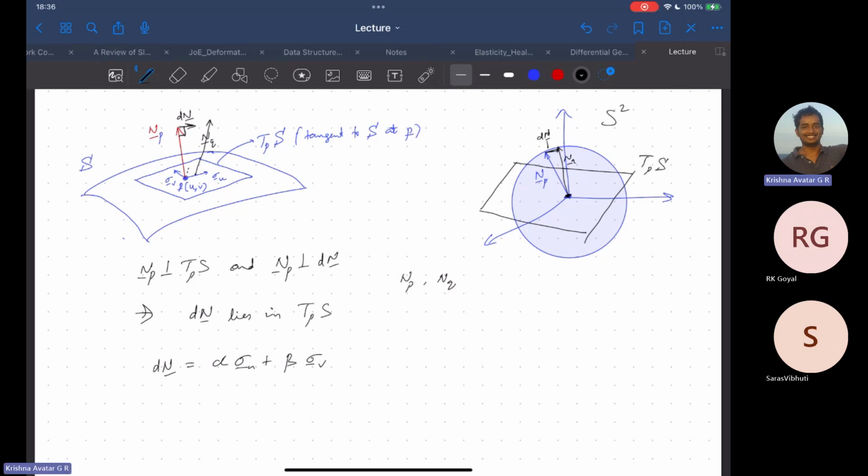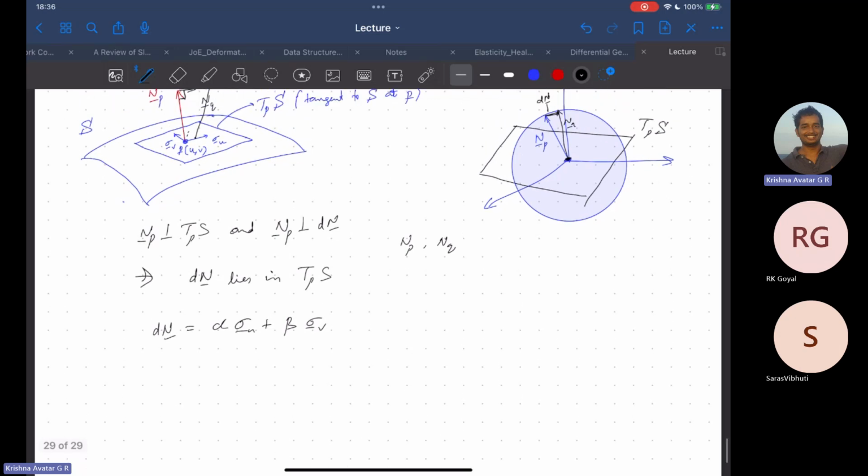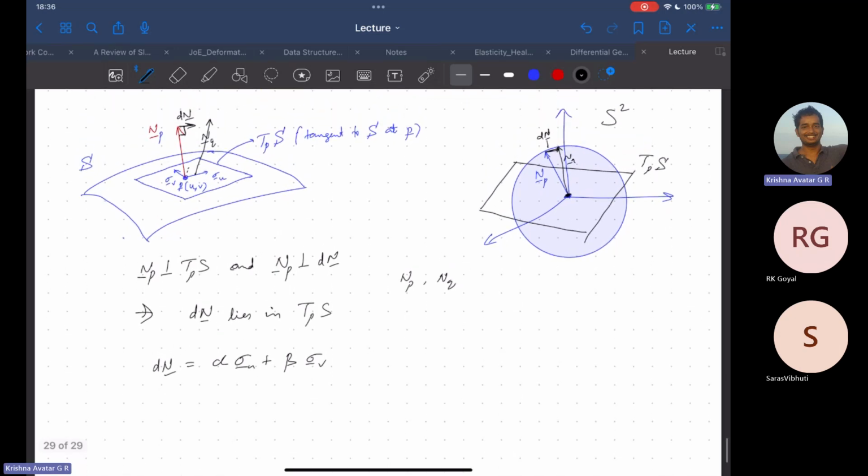So when you are finding the differential dn vector, it will look like this. The differential dn was just something joining Np and Nq. Q is just some point in the immediate neighborhood of P, and you have a tangent plane at this point as well.